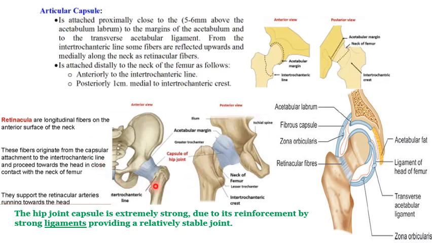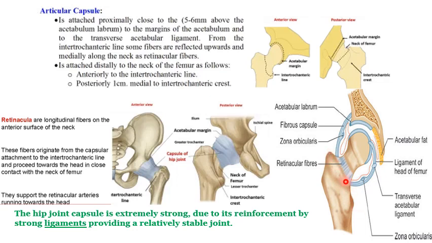And from the intertrochanteric line, a few fibers of the capsule are reflected upwards and medially along the neck. Here you can see along the neck, this is the intertrochanteric line.